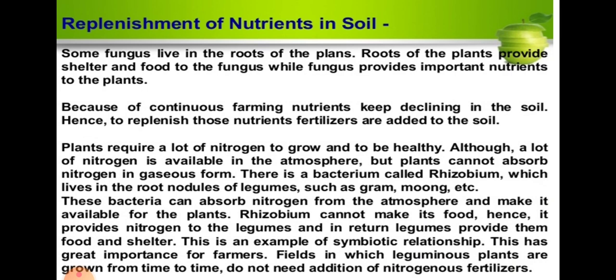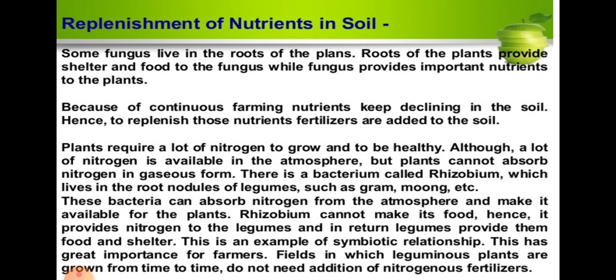So after the harvest, the soil in the fields becomes deficient in nitrogen. This nitrogen deficient soil is incapable of growing another good crop. One way to make the soil fertile again is to add nitrogen containing fertilizers.